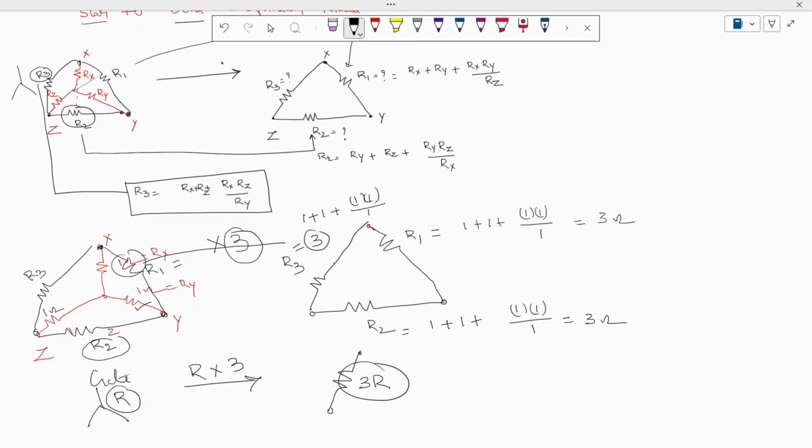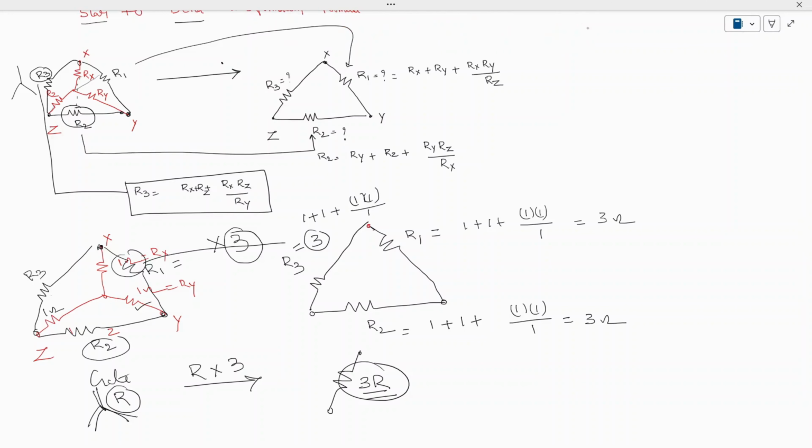This will be reversed in the case of delta to star. In the case of star to delta, this is multiplied how many times? 3R times. So this is all about how to convert a star network into delta. Very simple. So the black color branch you want is nothing but Rx plus Ry plus Rx Ry divided by Rz.